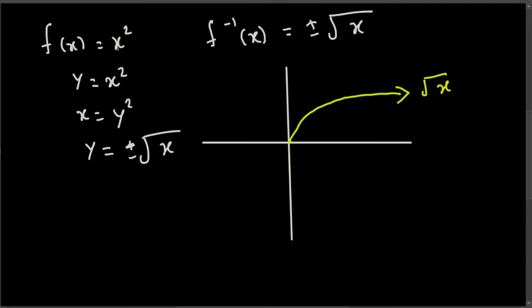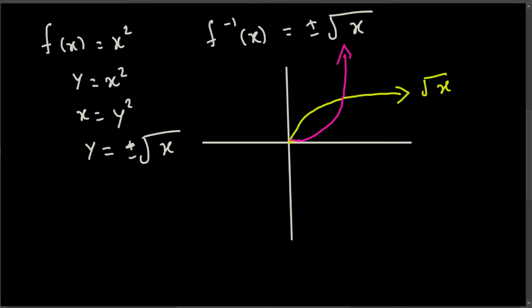That's our initial function that was given, and we found the inverse, that is plus or minus square root of x. So the x square function looks like this. If I just draw the positive side of it, let's use a different color, it's going to be like this, right? It's a parabola opening up.